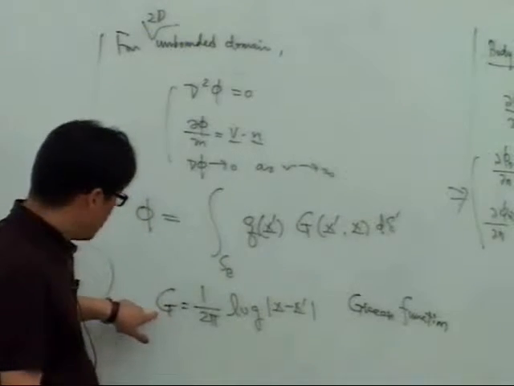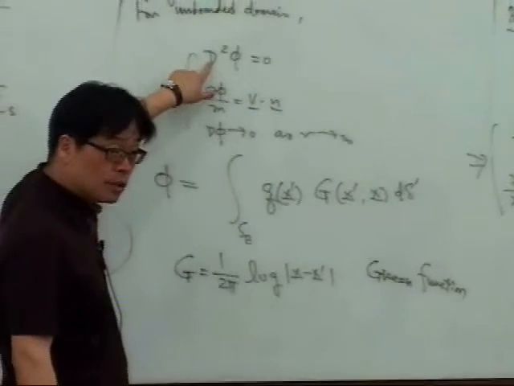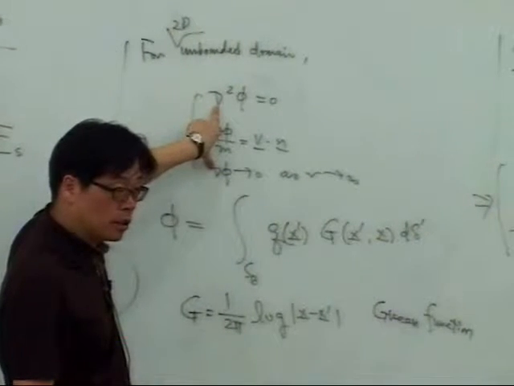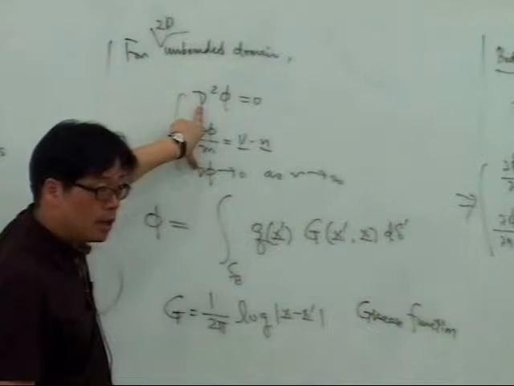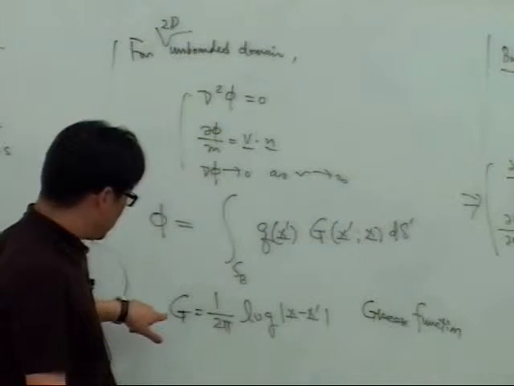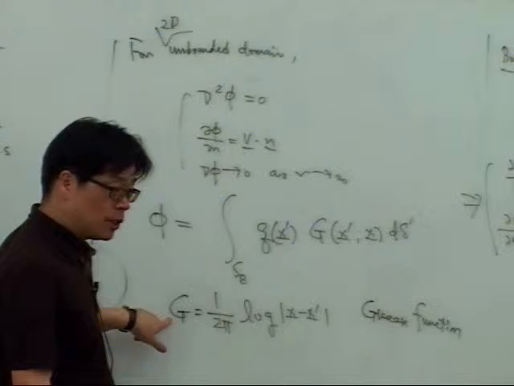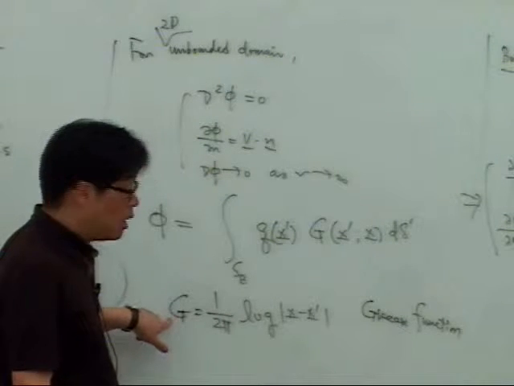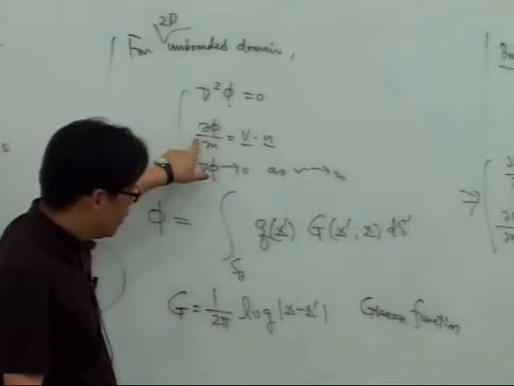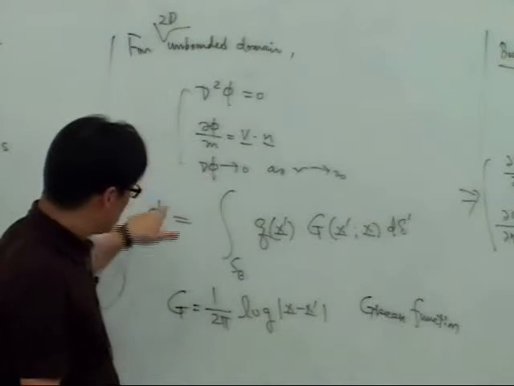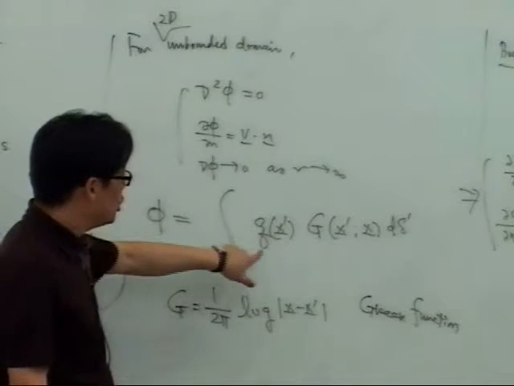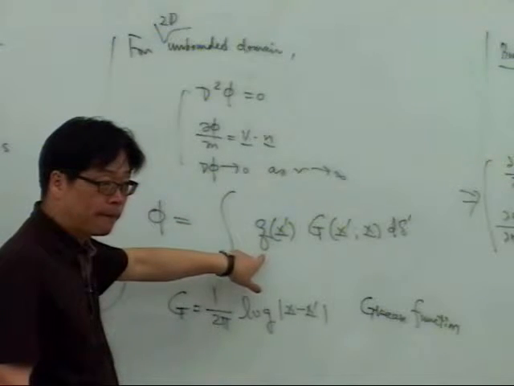And this Green function satisfies the Laplace equation and satisfies this condition at infinity. The only boundary condition that this Green function doesn't satisfy is the body boundary condition, right? Therefore, what we did is impose the body boundary condition to determine Q.